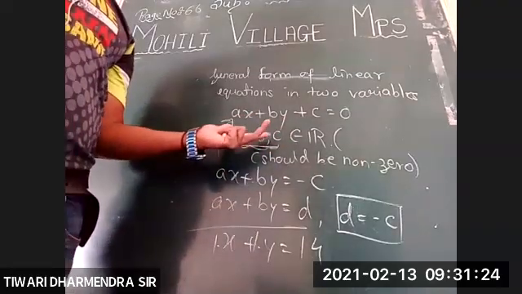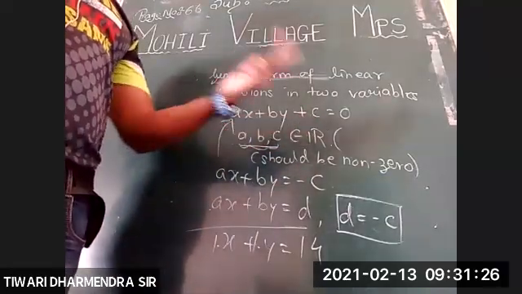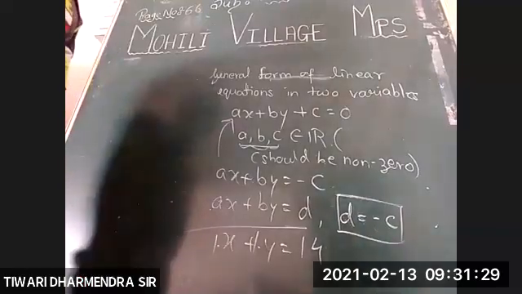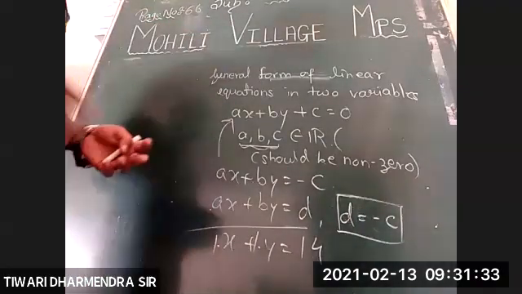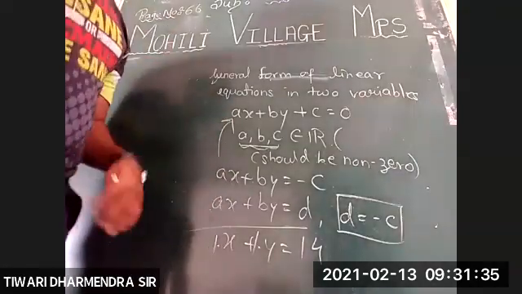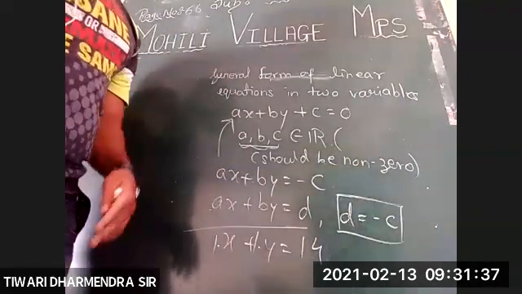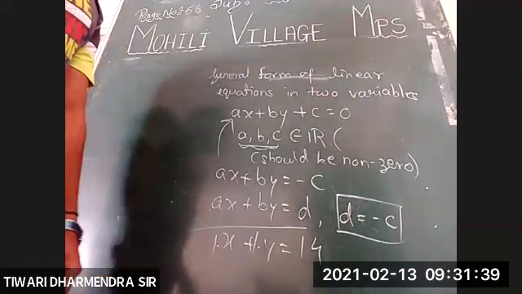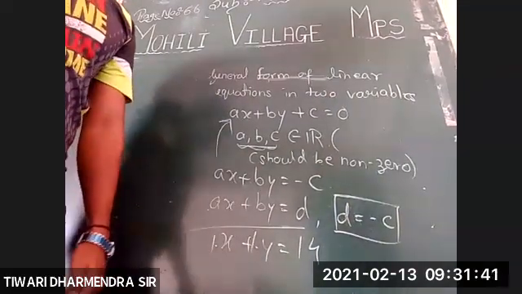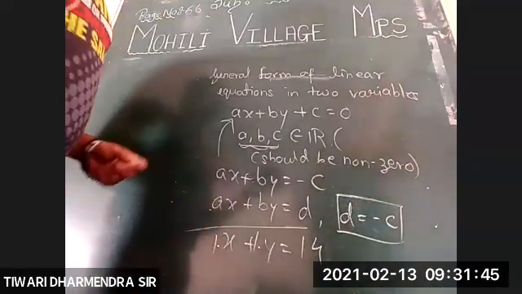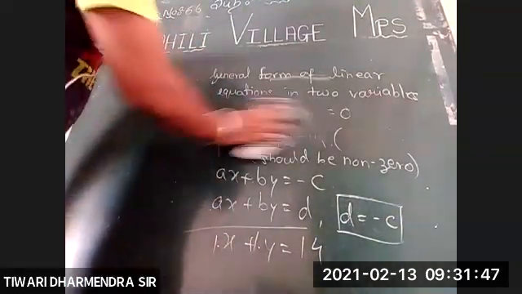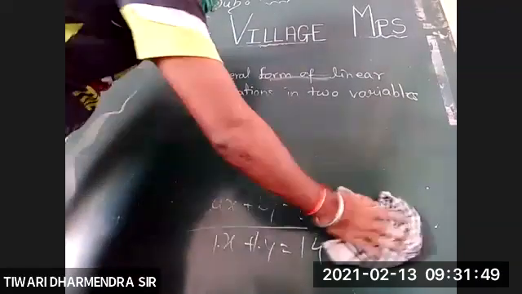Means they have told that a, b, c belong to real numbers, means other than zeros. Means they mean to say you can take decimal numbers, integers, natural numbers, whole numbers, fractions, and so on. But you should not take complex numbers. That is another concept. So this is the general form.